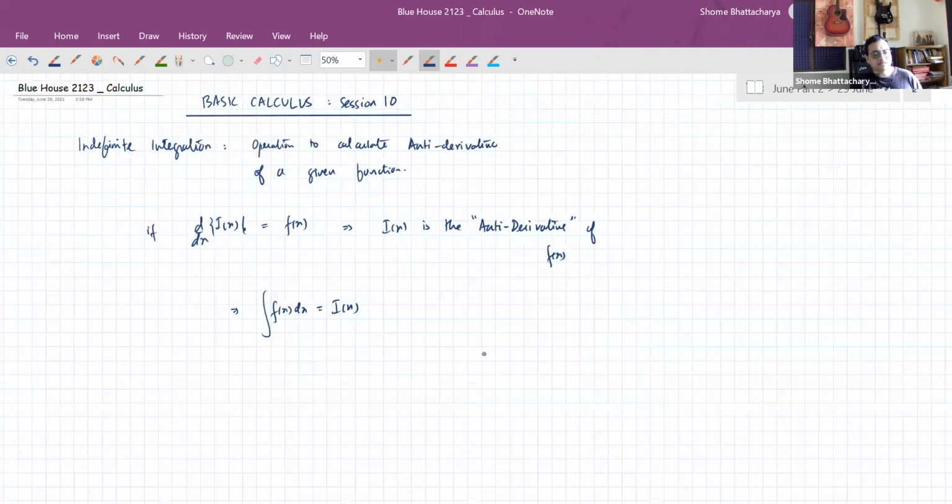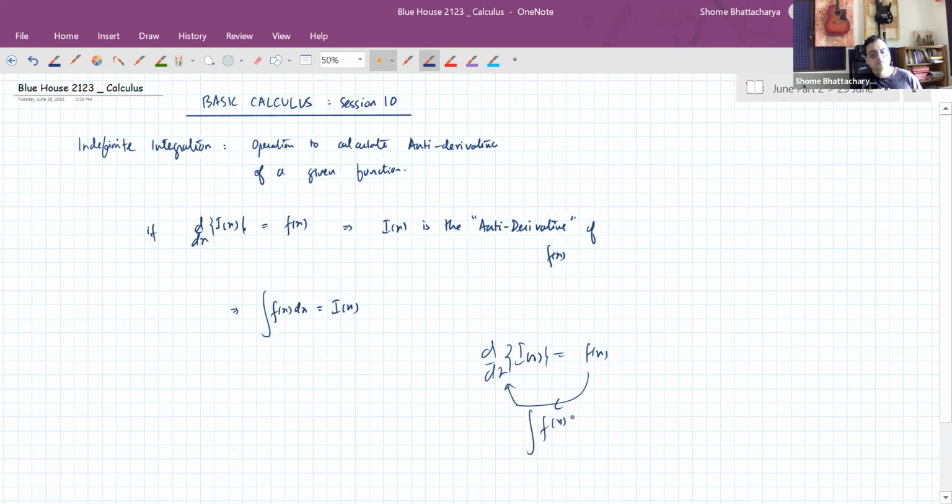So basically, just like differentiation of a function gives its derivative, like that integration of a function gives the antiderivative. So for example, we know that differentiation of x square plus any constant is equal to 2x. Okay. So that means integration of 2x should be equal to x square plus any constant.